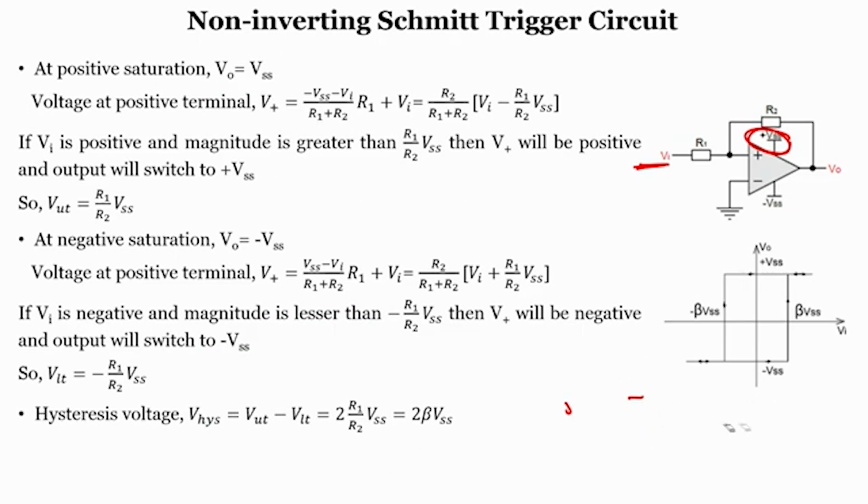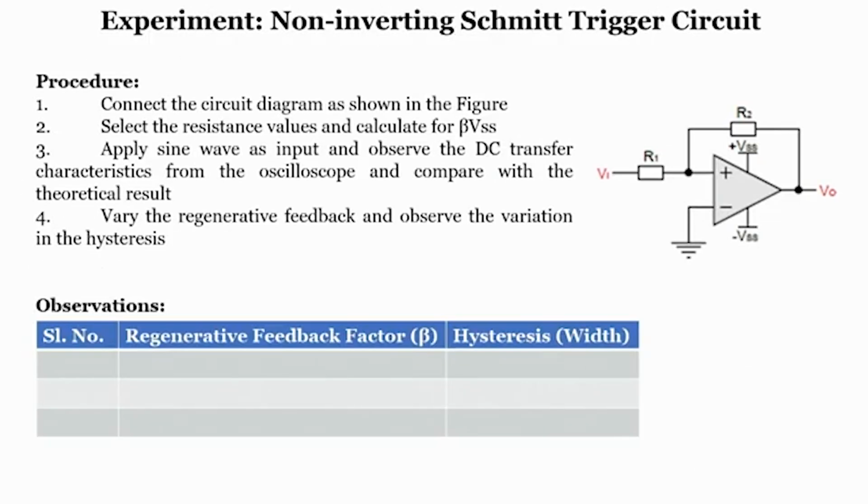In case of inverting and non-inverting circuits for Schmitt trigger application, we will have the output in on and off condition. So, let us see if I want to perform an experiment to design the Schmitt trigger circuit, then the non-inverting Schmitt trigger circuit is shown here, where you have to connect the circuit as shown in the diagram.